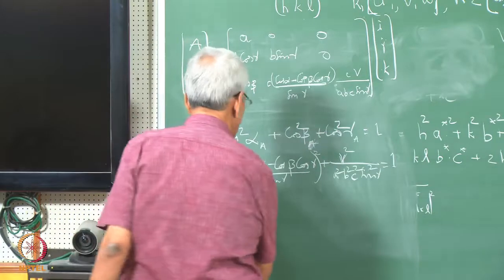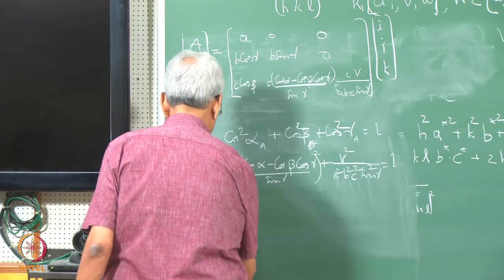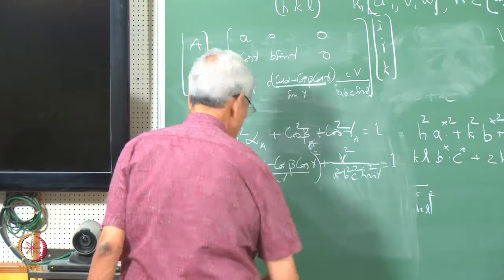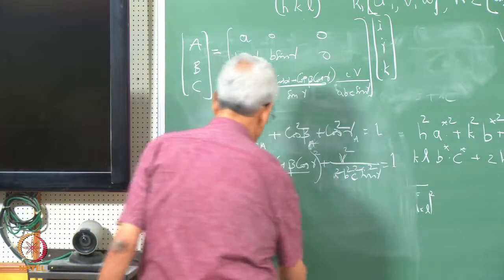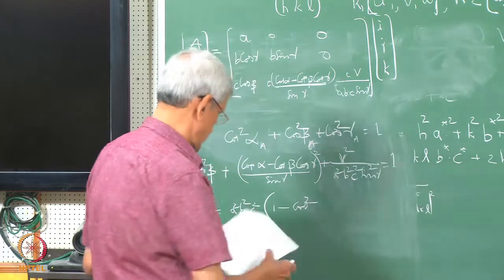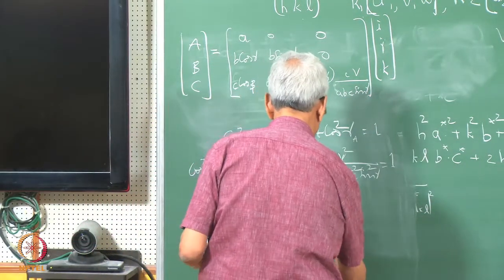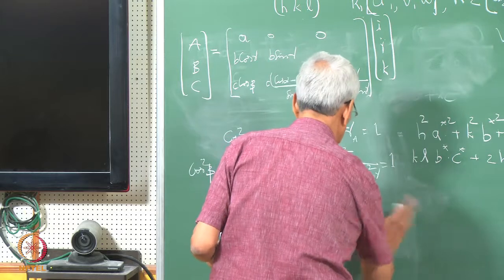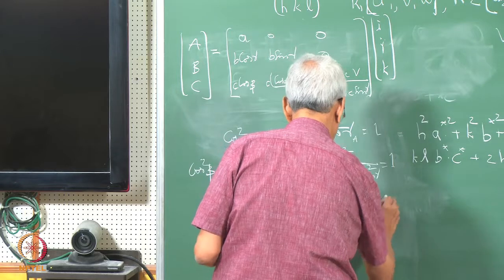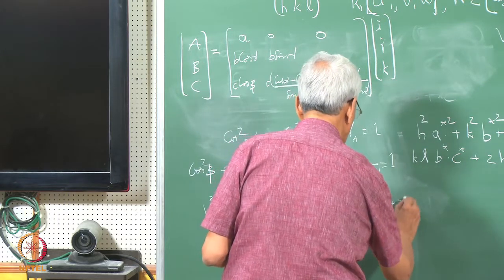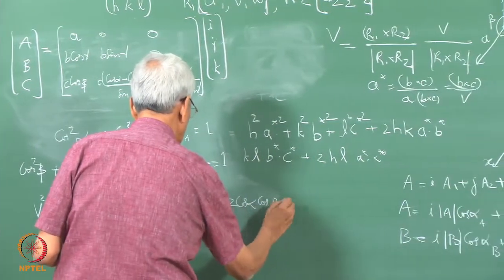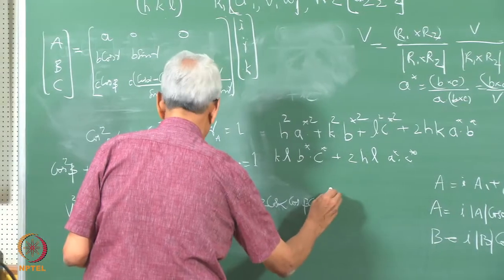So essentially now V squared will turn out to be a squared b squared c squared into 1 minus cos squared alpha minus cos squared beta minus cos squared gamma, plus 2 cos alpha cos beta cos gamma.